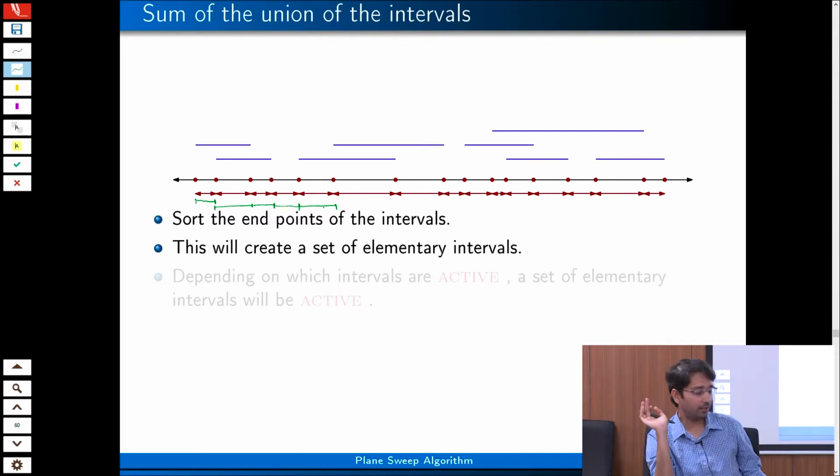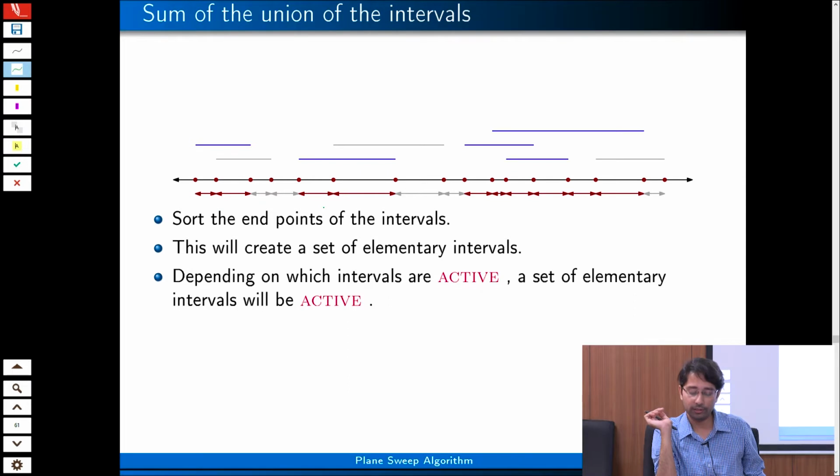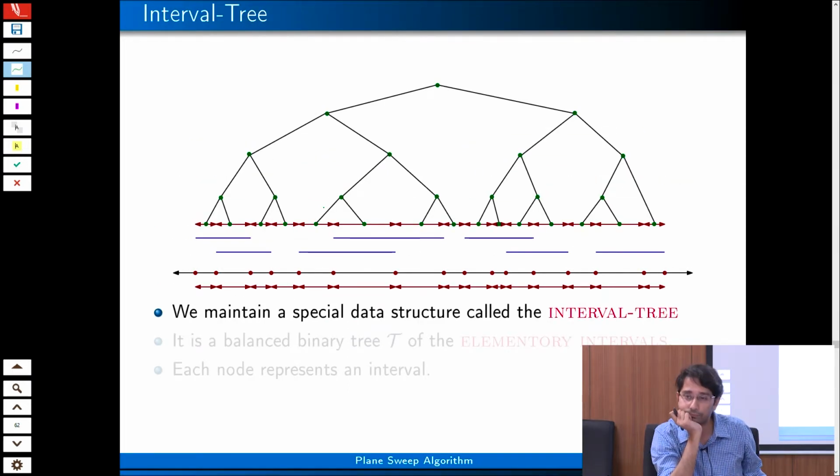I create the following data structure. I create a tree. Everyone is okay with me using a tree? Forget about the data structure; this is a mathematical structure. A tree is a mathematical structure.